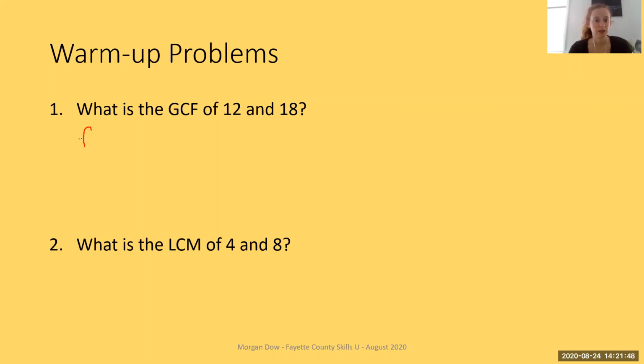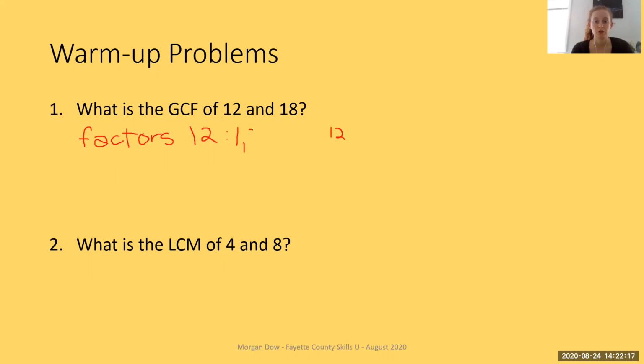So we'll first list the factors of 12. We know there's going to be 1 and 12.